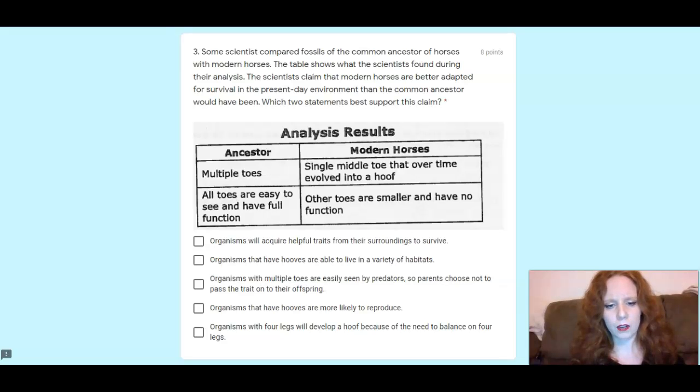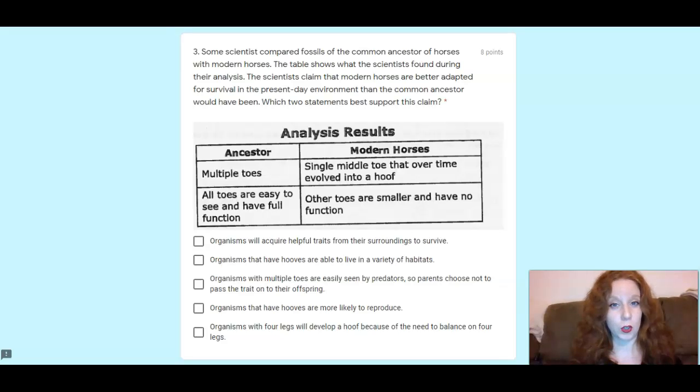Organisms with 4 legs will develop a hoof because of the need to balance on 4 legs. So what this answer choice is saying is that every organism on 4 legs will eventually have hooves because hooves are better.